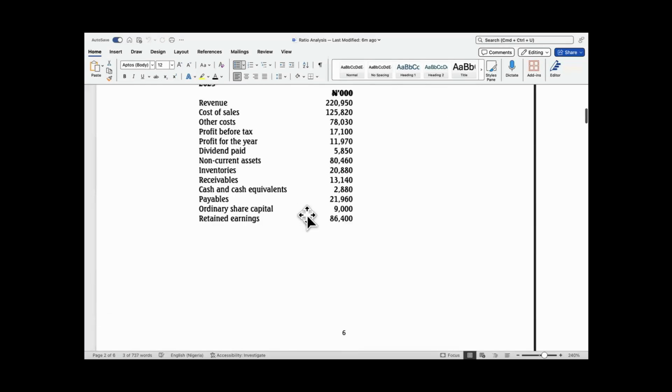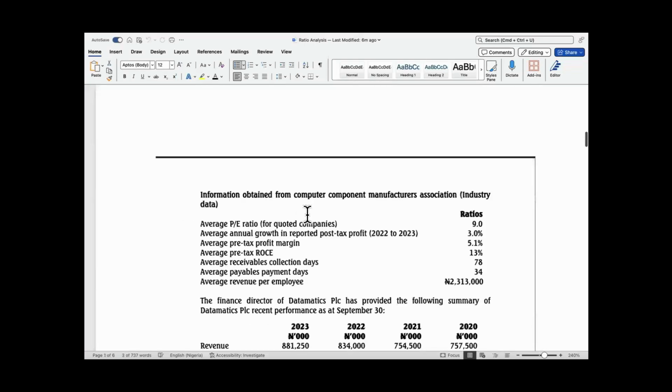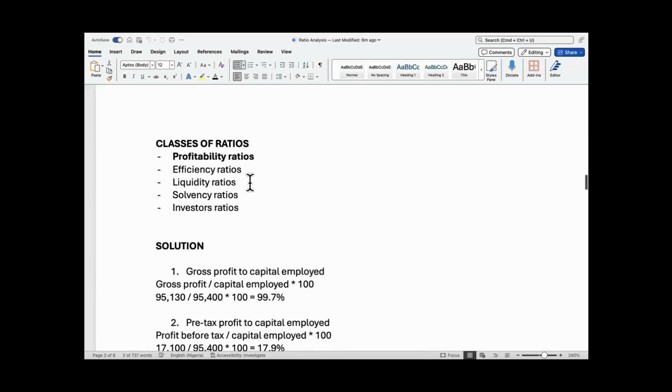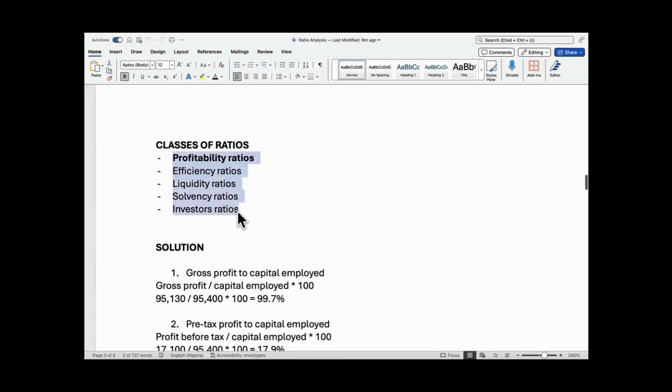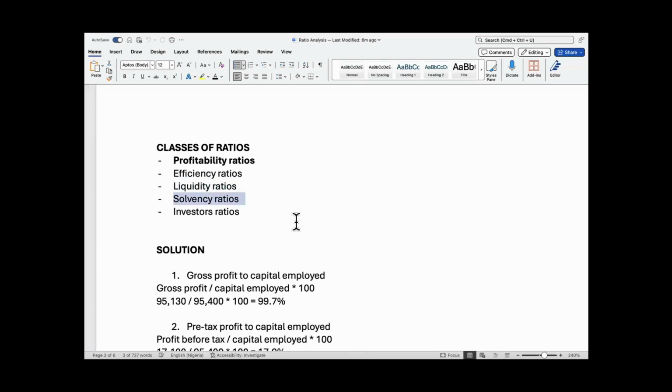And before we solve the question, I told you that when it comes to ratios generally, there are 5 classes of ratios. There is profitability ratios, there is efficiency ratios, there is liquidity ratios, there is solvency ratios.